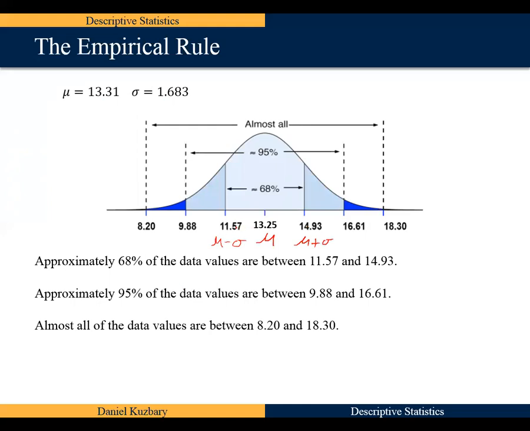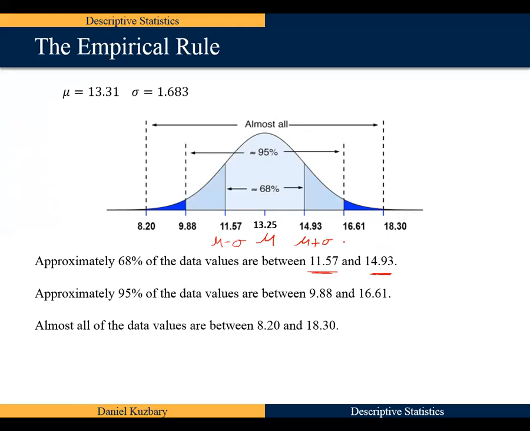Once you do that, you've got two numbers: 11.57, which we found by taking this minus that, I'm sorry, that's 5.7, and 14.93, which you found by taking this plus that. Now you can say that approximately 68% of the data is between 11.57 and 14.93. You can say that because it's bell-shaped and because we found the mean and the standard deviation. It's really powerful.